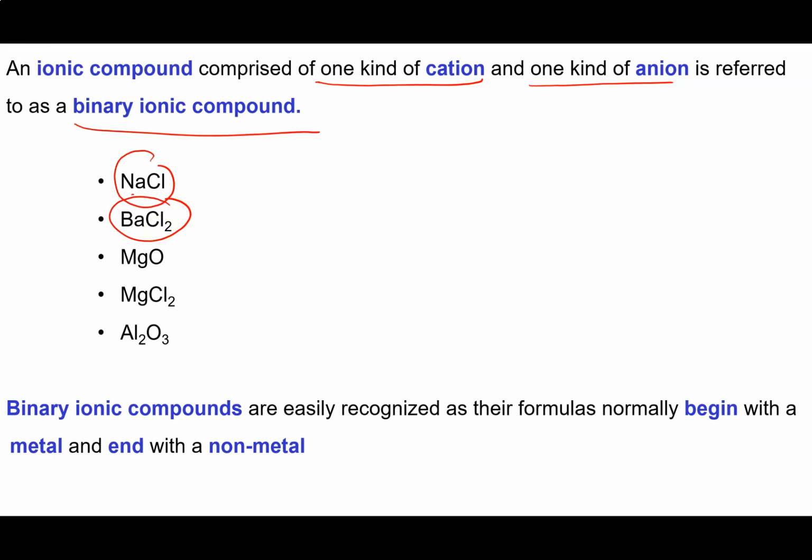These are still binary ionic compounds because there's only one type of cation and only one type of anion present. And some of these compounds have quite a large number of ions, but they're only of the 2 types. So that's what makes a binary ionic compound a binary ionic compound. Now you can easily recognize binary ionic compounds from their formulas because their formulas almost always begin with a metal and end with a non-metal.